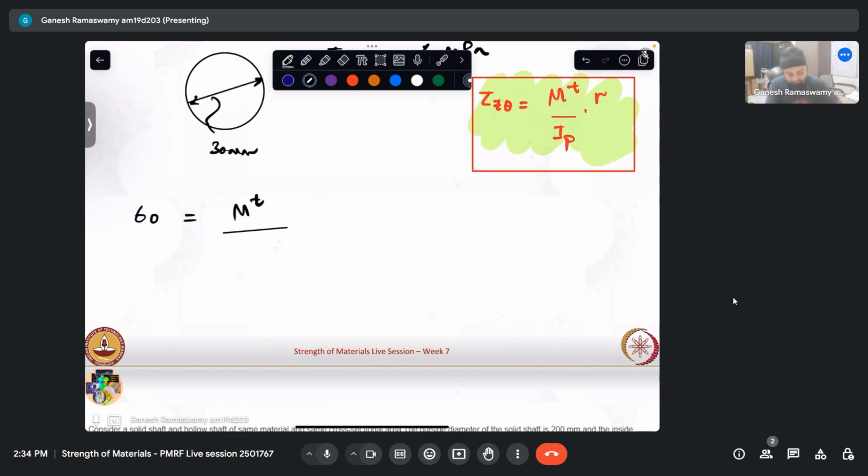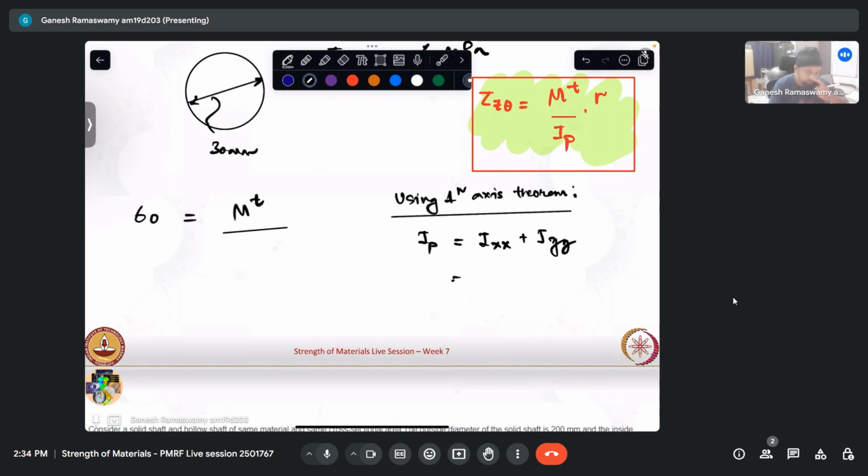The polar moment of inertia of a circle, using the perpendicular axis theorem, Ip is nothing but Ixx plus Iyy, and we know that Ixx for a circle is pi d power 4 by 64, plus the same thing because of symmetry. So therefore this comes out to be pi d power 4 by 32.